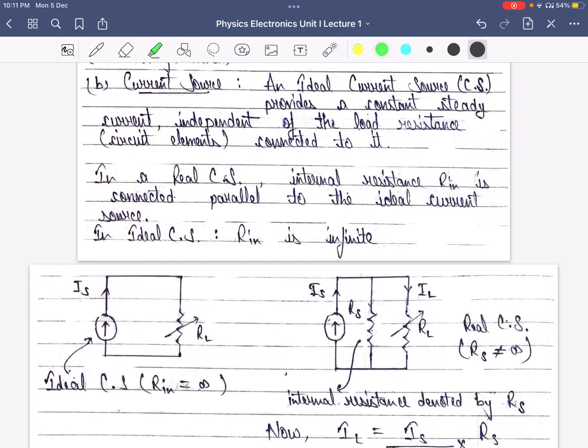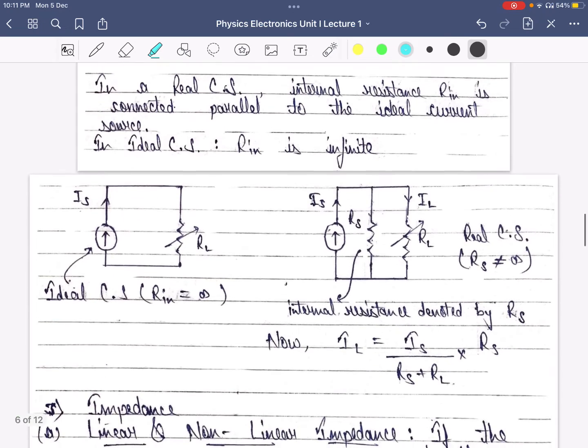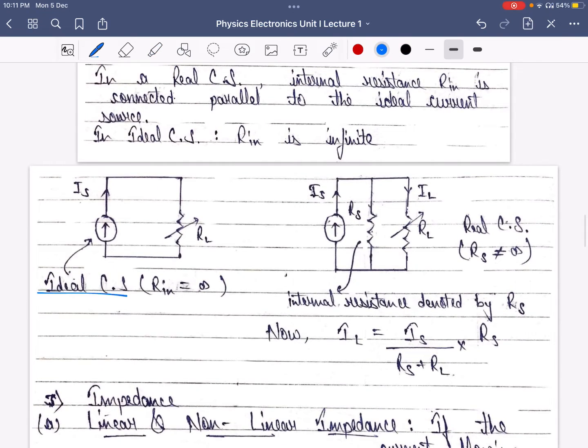Now we'll be taking a look at the current source. An ideal current source provides a constant current regardless of the current element present in the circuit. As shown here in the diagram, ideal current source is providing IS steady current regardless of the change in the load resistance.